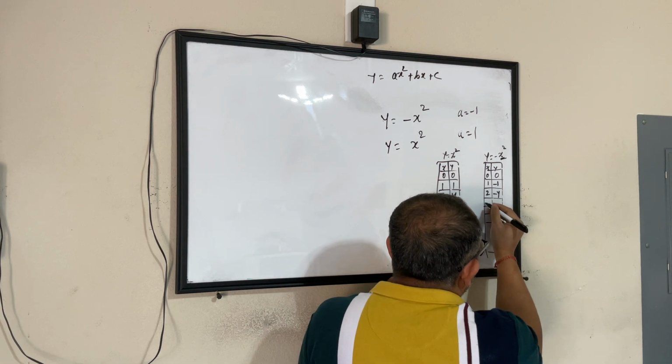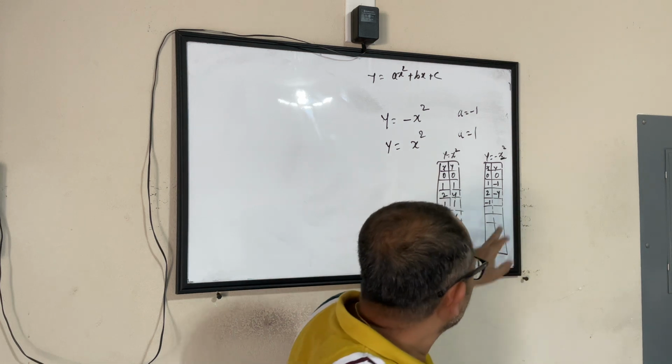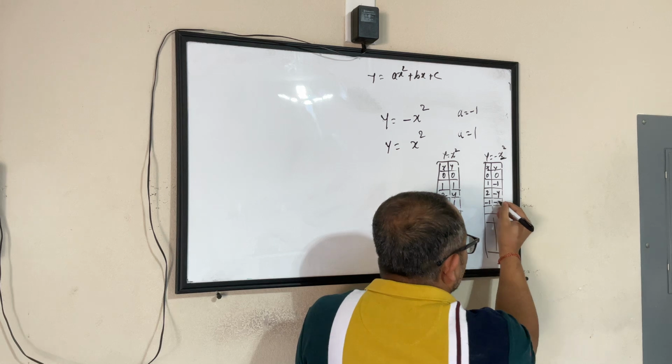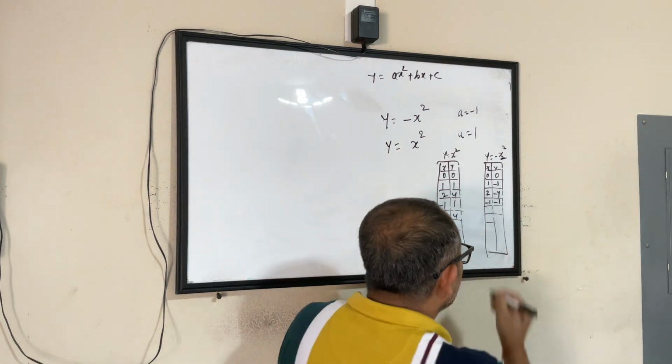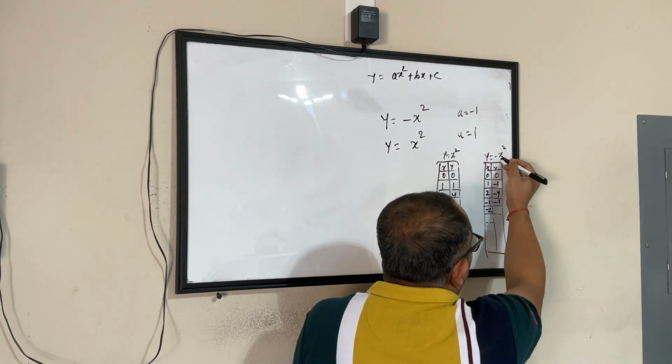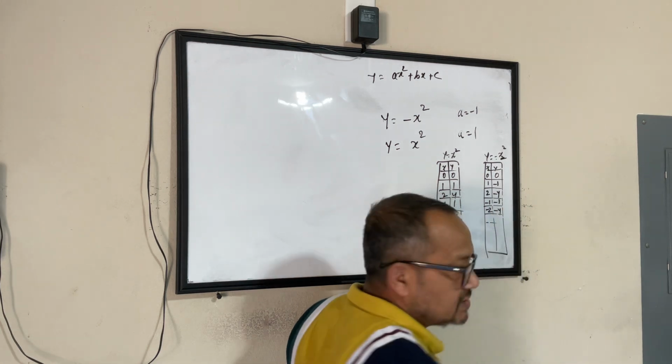When I give minus 1, this again becomes 1 and with the minus, that is minus 1. When I give minus 2, it becomes 4 and with the minus, minus 4.